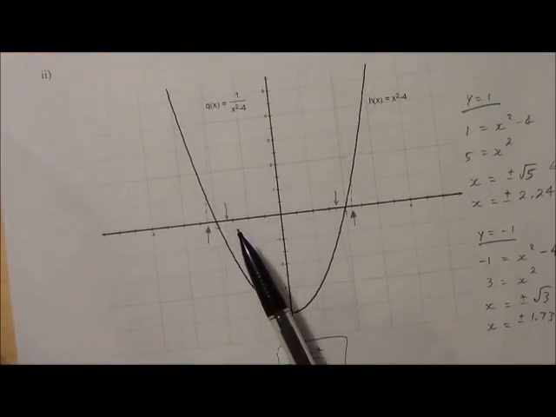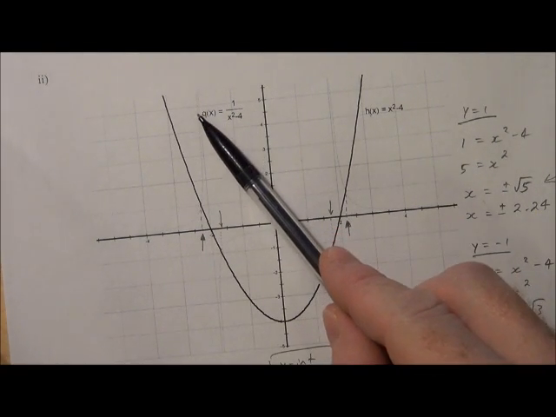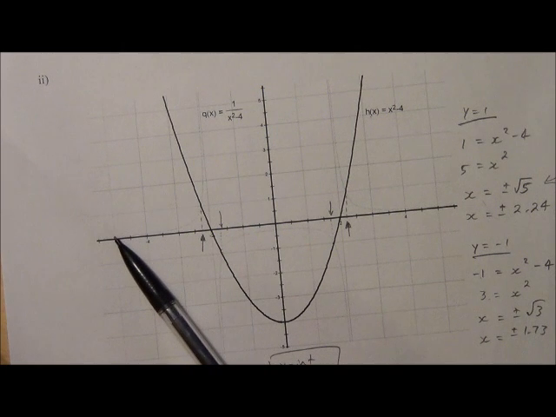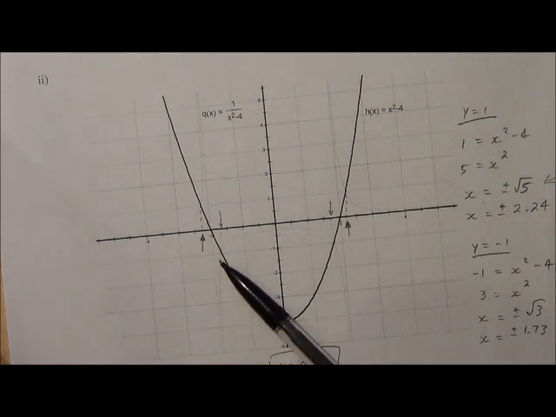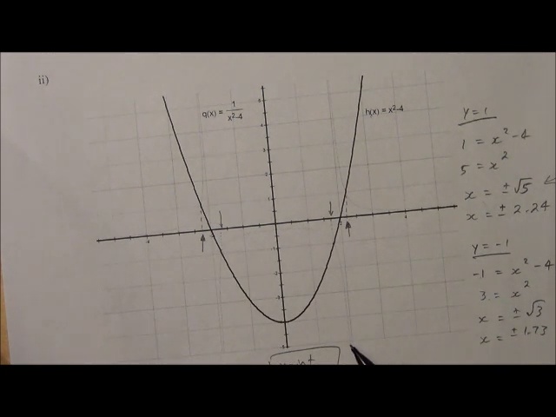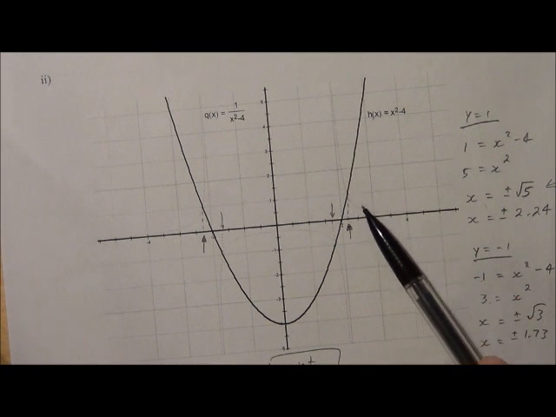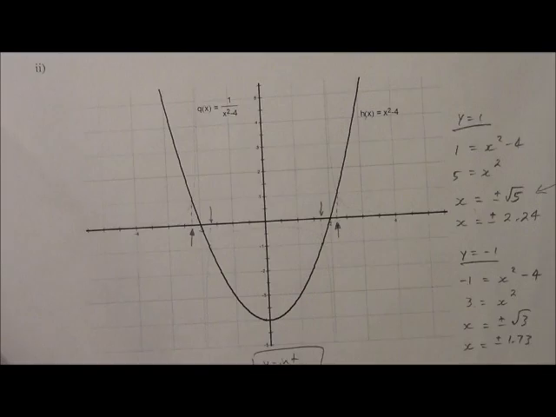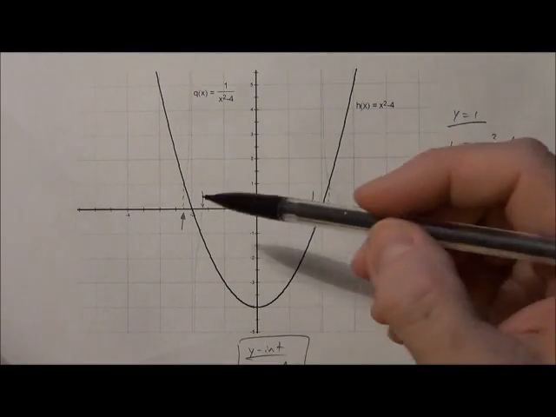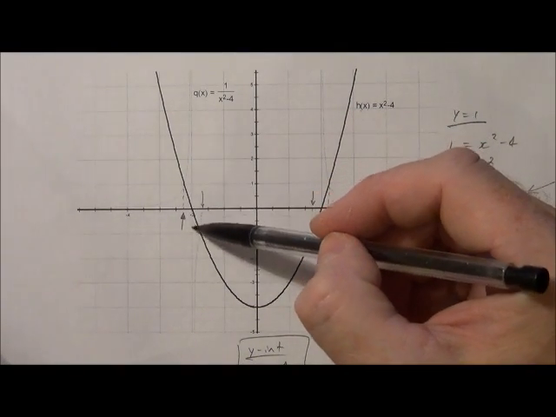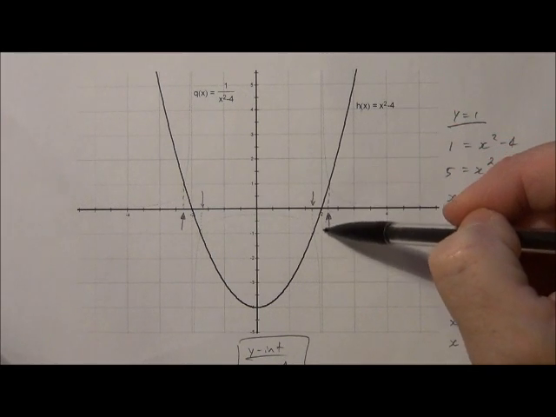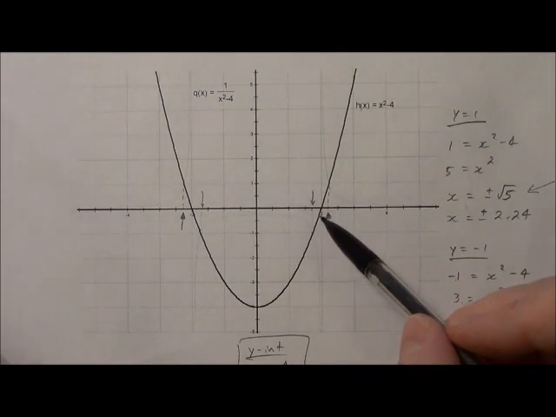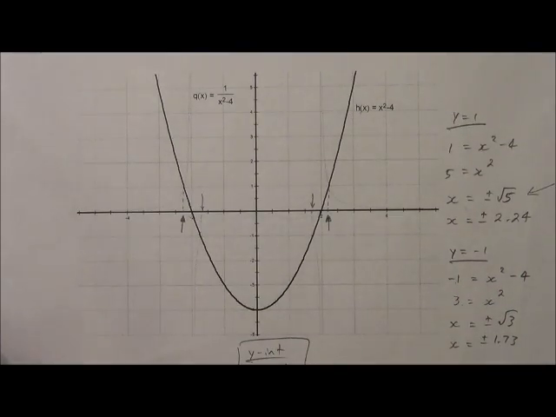We see that this graph here does not cross the x-axis, here does not cross the x-axis, and here it does not cross the x-axis either. So there are no x-intercepts, but there are 2 vertical asymptotes, and those occur at x equals 2 and x equals -2.